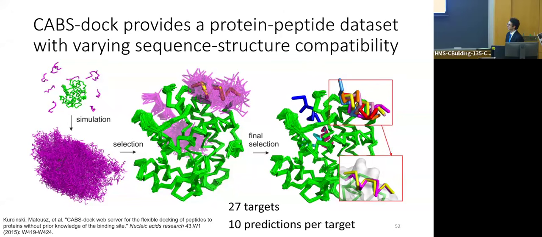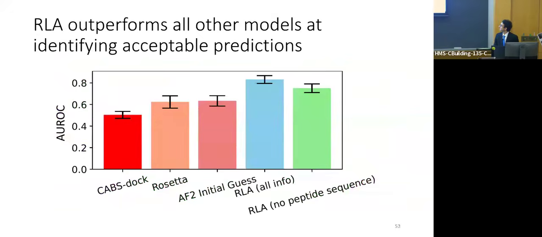And as you can see from this CABSdock plot, each simulation involves exploring a lot of possible binding modes, and there's a CABSdock energy function that scores them. And you end up with some predictions that are good, some predictions that are bad, and the RLA task is to identify the good ones from the bad ones.